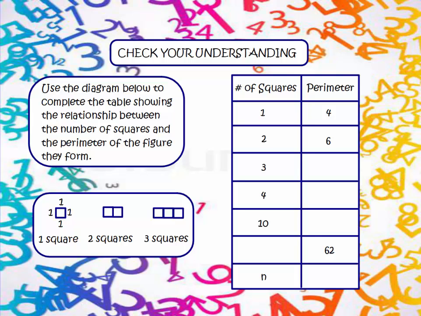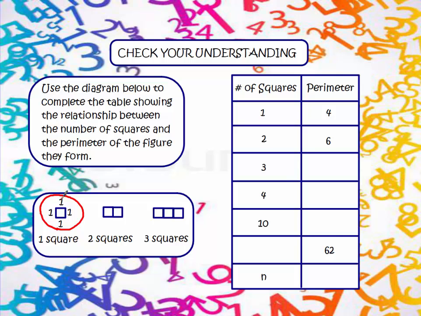So let's make sure we understand what's going on here. Using this diagram below with these squares in it, we want to complete this table showing the relationship between the number of squares and the perimeter of the figure they form. For example, the perimeter of this square is 1 plus 1 plus 1 plus 1, which is 4.